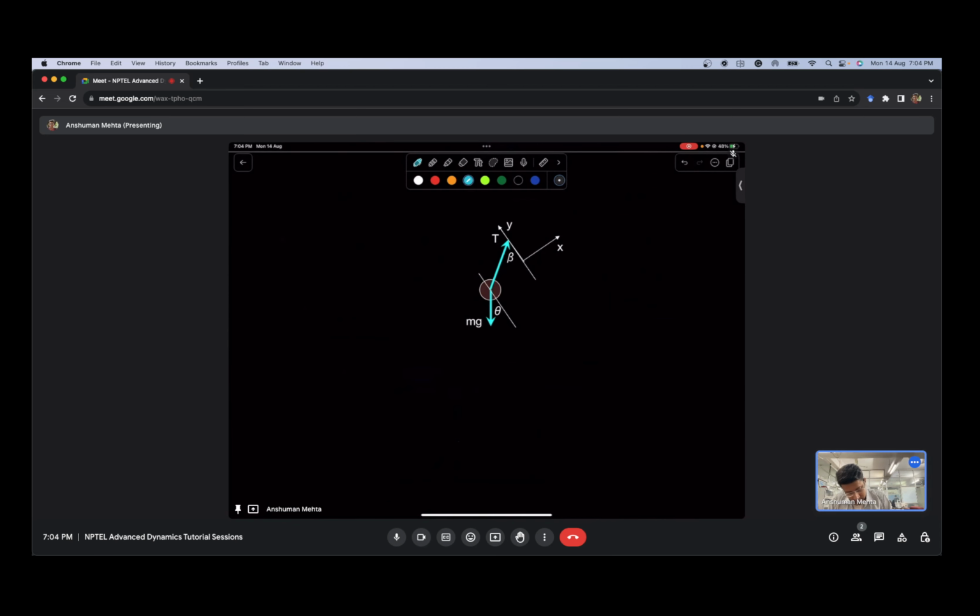So now coming to only this FBD and balancing the vertical forces, or forces in the y direction, we get the equation T cos beta minus mg cos theta is equal to 0.